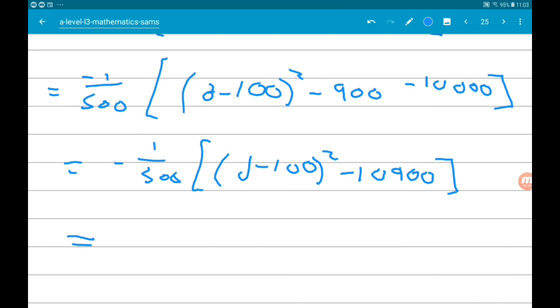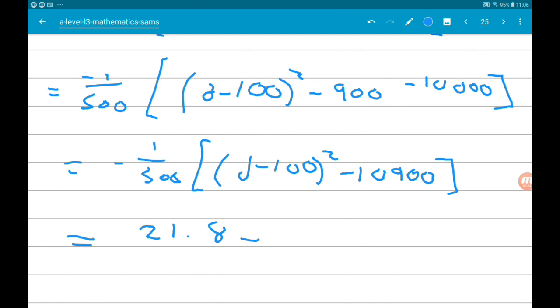So we're going to get then 21.8 and then minus 1 over 500 times d minus 100 squared. Now at this point we can turn the 1 over 500 back into 0.002.